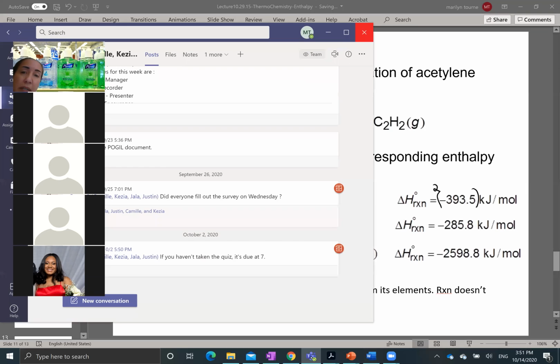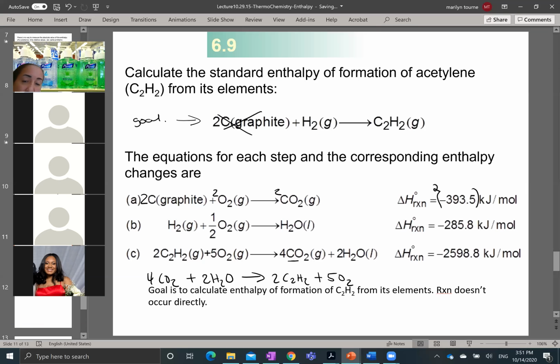Since I have flipped the reaction, what happens to the enthalpy value? It is positive now. So now it's not negative 2598, it's positive 2598, but we still are not done.